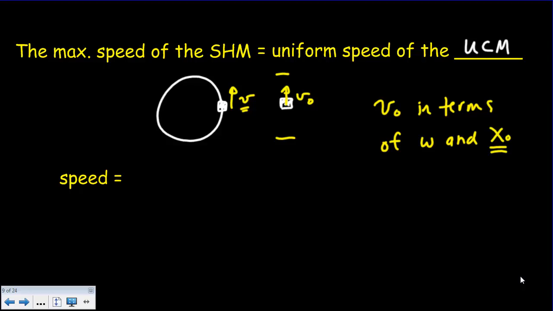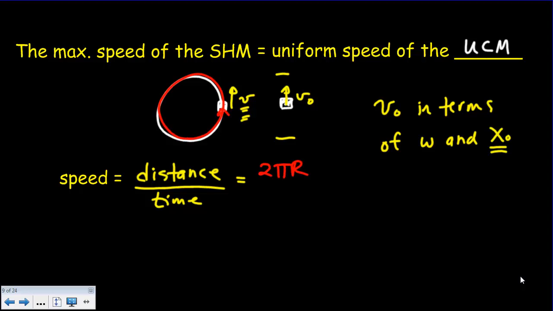Well, in general, we always know that speed is distance over time. So let's apply that to find this uniform circular motion speed. For a distance, I'm going to choose the circumference of the circle, 2 pi r. Because I know if it goes around the circle once, the amount of time it takes is 1 period.